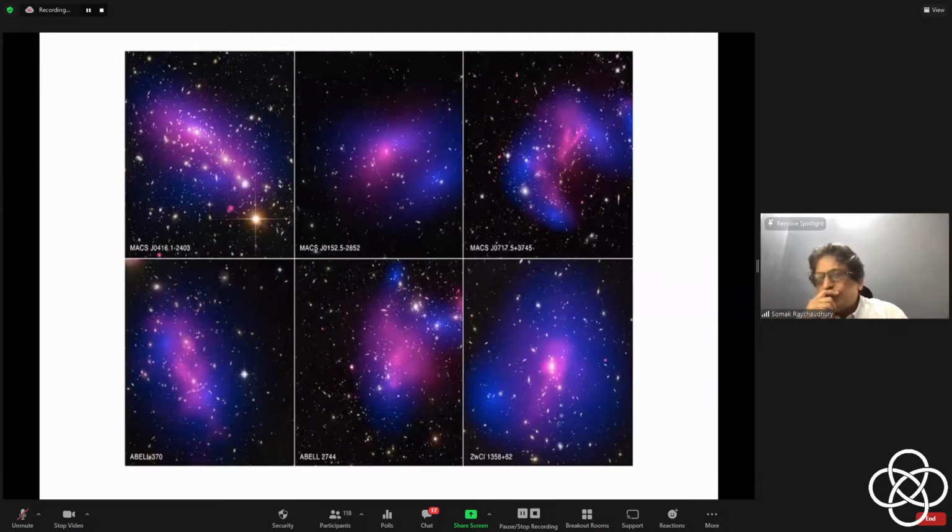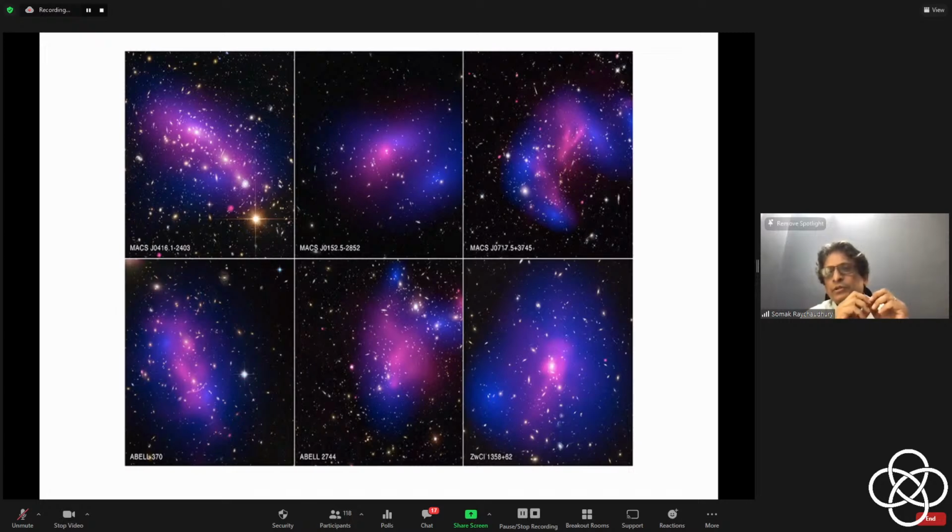So I just wanted to show you examples of clusters of galaxies, where I told you about looking at the galaxies themselves in the optical, looking at the X-rays from the clusters and how the clusters tell you about the underlying mass distribution.